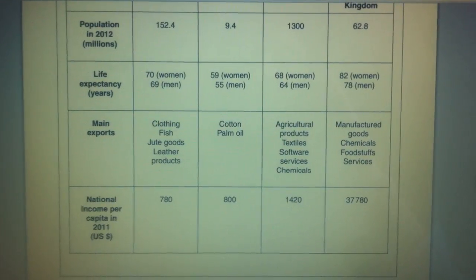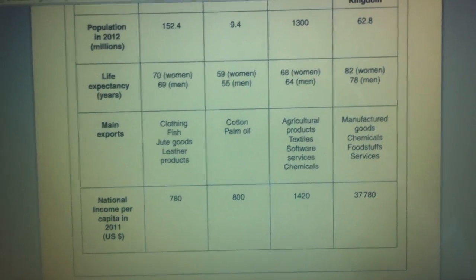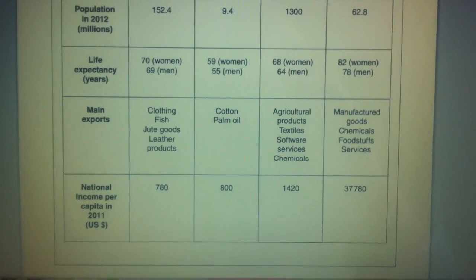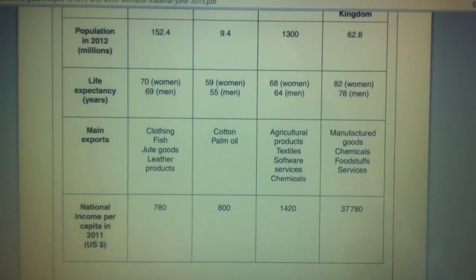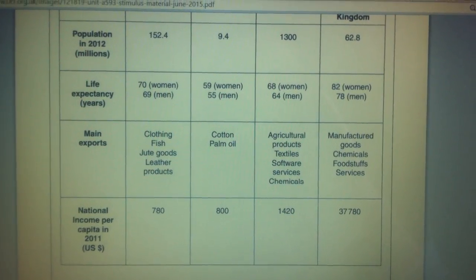And then moving on to the last one, national income per capita. It's very important that you know how to calculate national income per capita. It's the total GDP of the country divided by the number of people in the country.